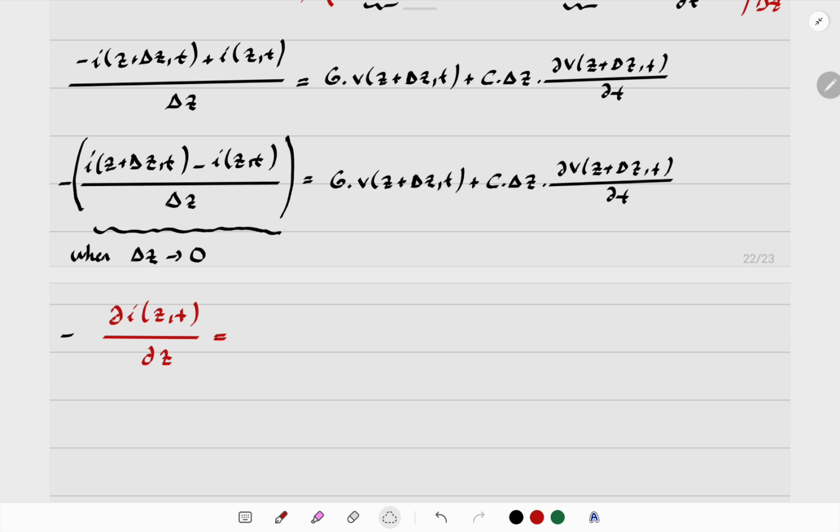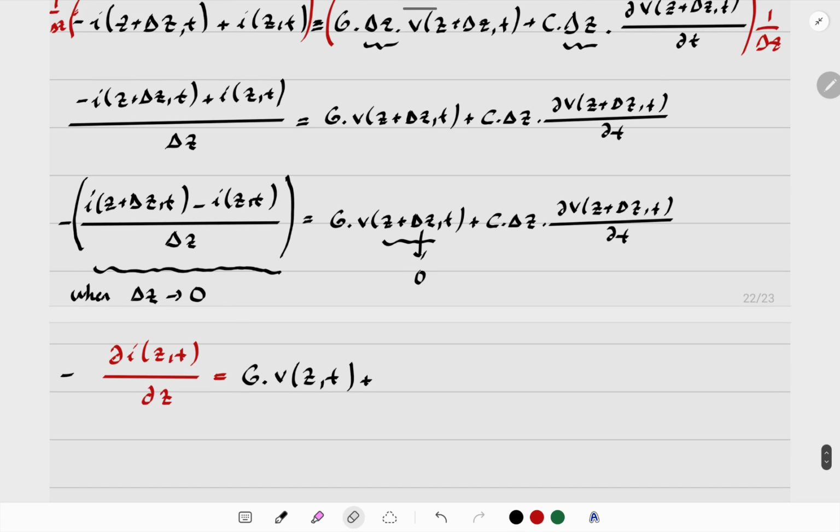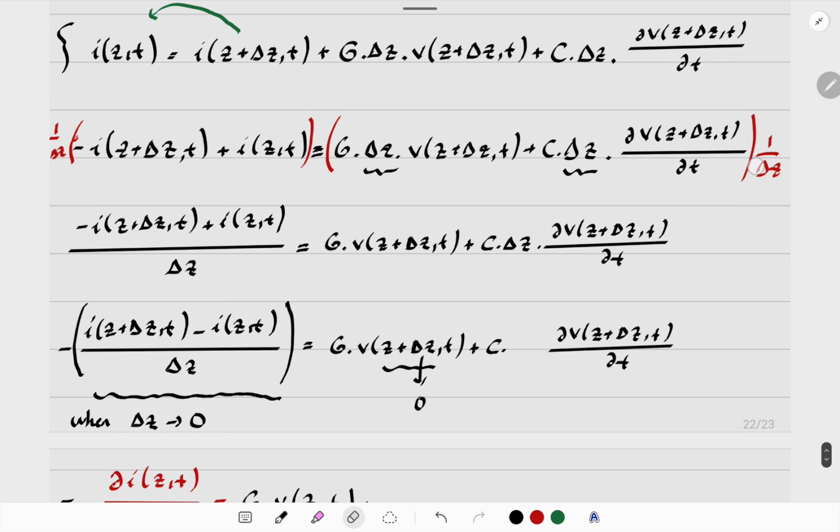And on the right side we have g times, but this time delta z goes to 0, so this also means that delta z is 0, v(z, t). Plus, I'm so sorry, I also forgot to erase this one after dividing both sides by 1 over delta z in here.